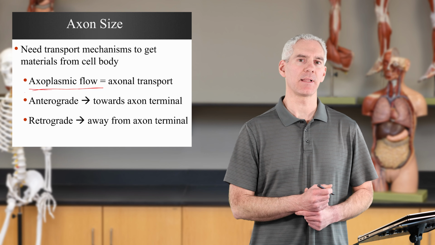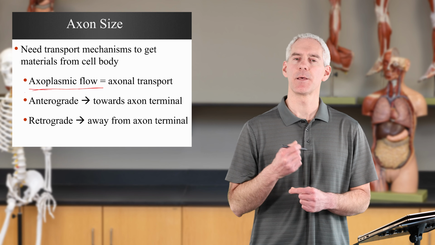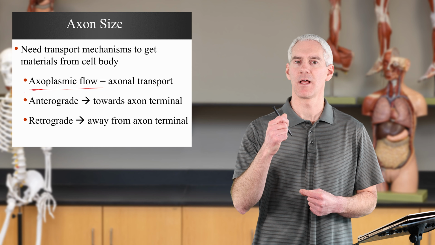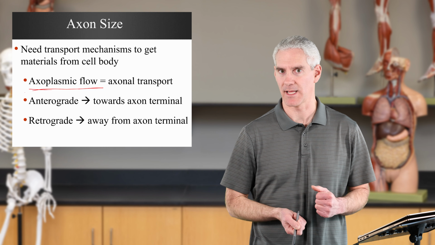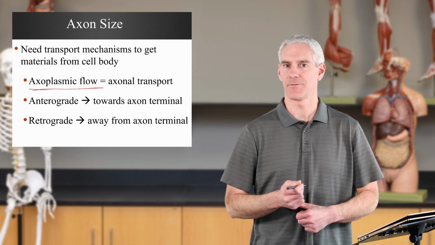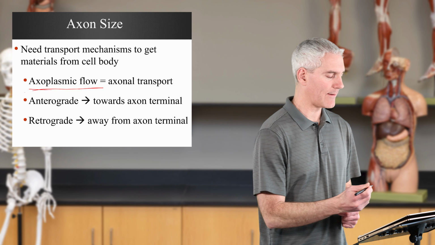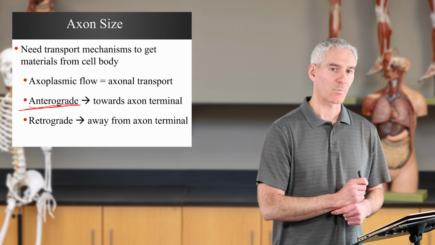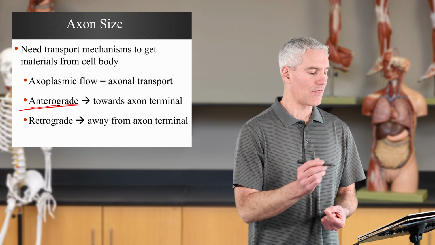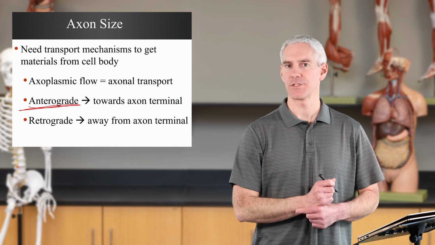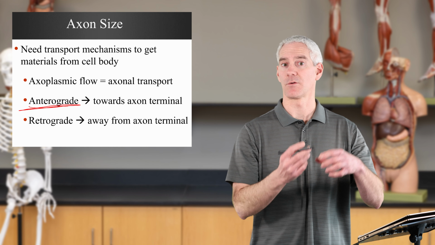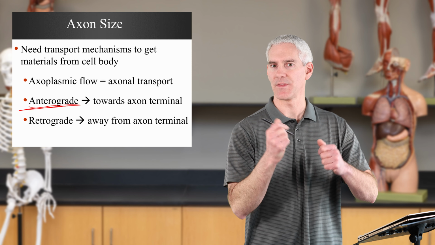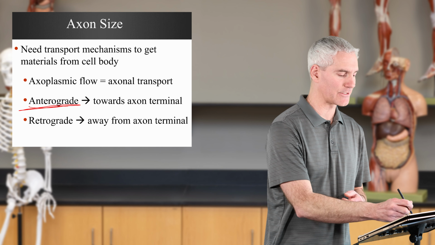Now the axoplasmic flow is the movement of the actual cytoplasm, which is called axoplasm here, inside of the axon. You have what's referred to as the anterograde. So anterograde flow, that's heading down to the axon terminal. So cell body going to the axon terminal. That's anterograde.